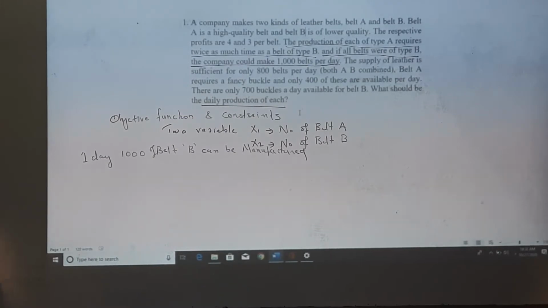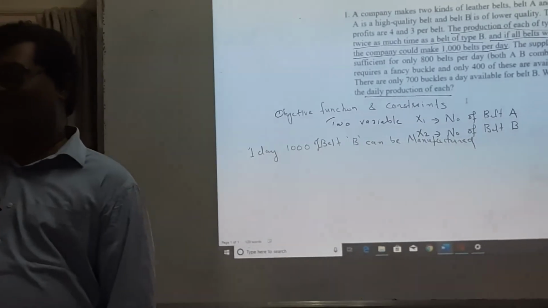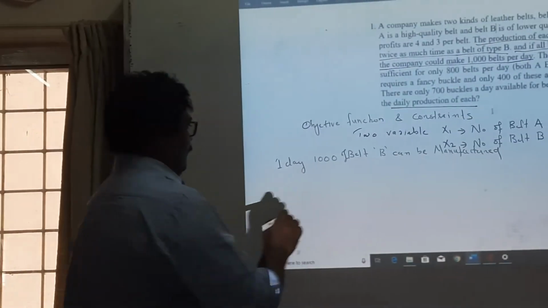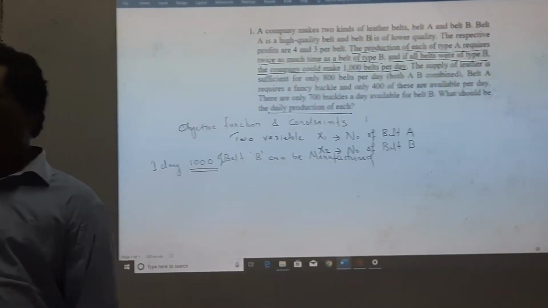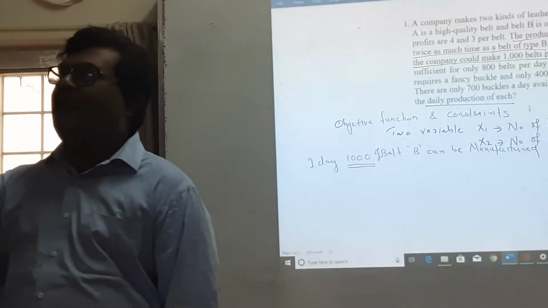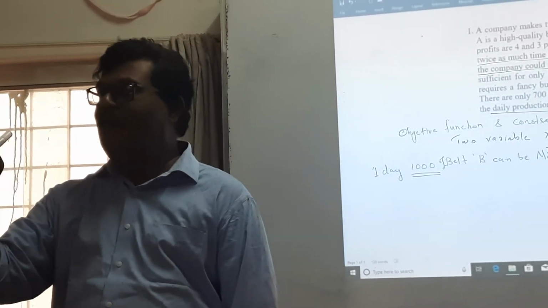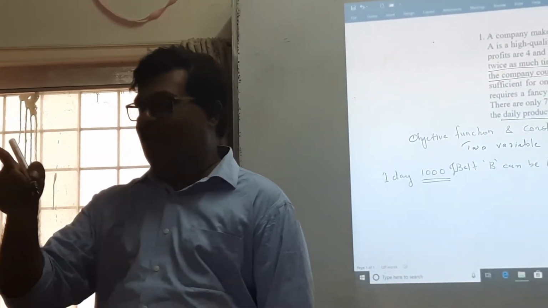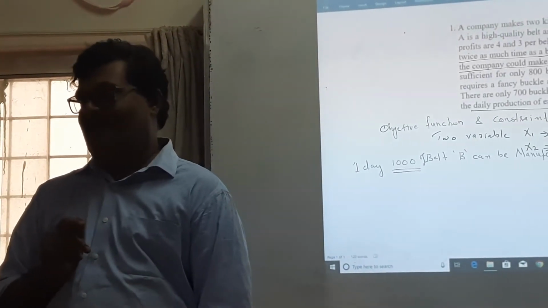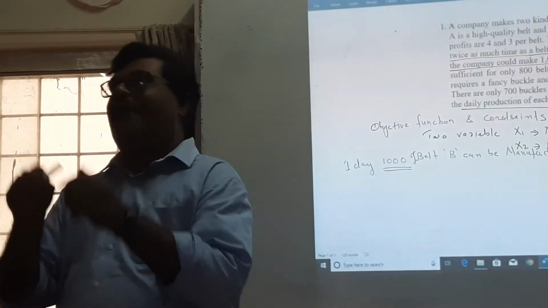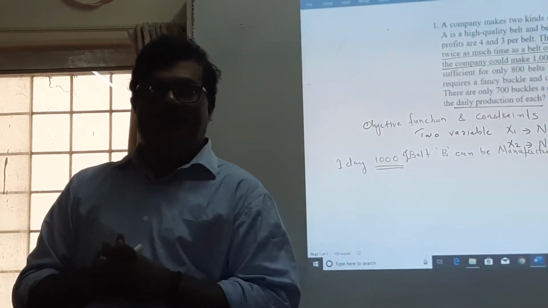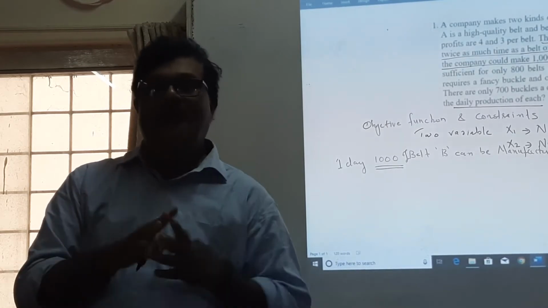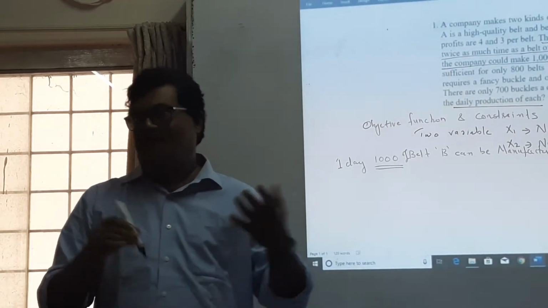Now, how much time does it take to manufacture one belt? If 1000 belts can be manufactured in one day, what will be the time taken to manufacture one belt of B? It will be 1 by 1000. You need to divide one day by 1000 because we have not been given 1 hour or 2 hours or something like that.